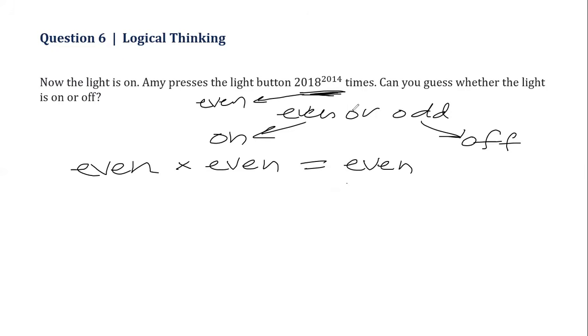And we established here that if it's even, the light is on. So therefore, if you press the button this number of times, the light should still be on. So any questions?